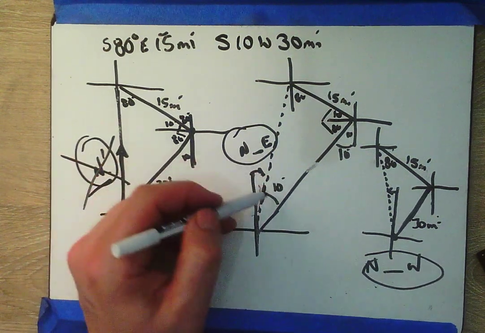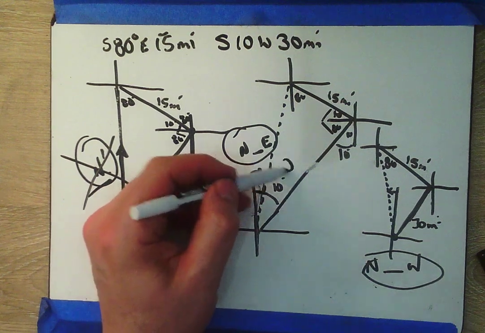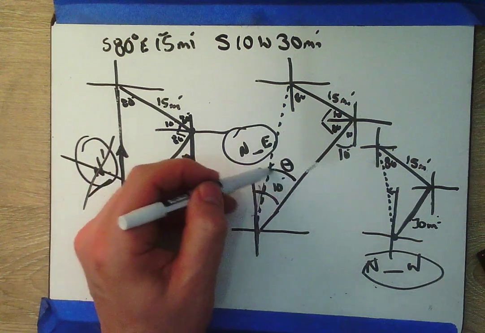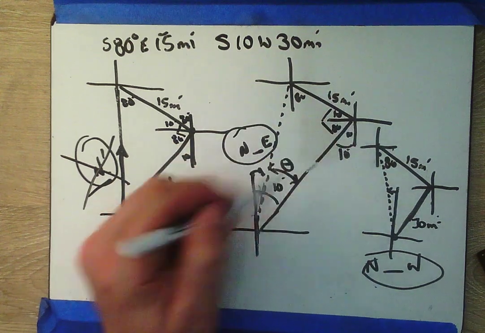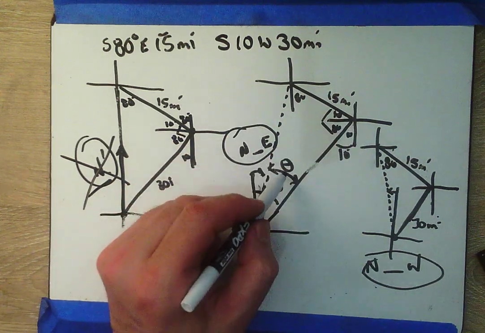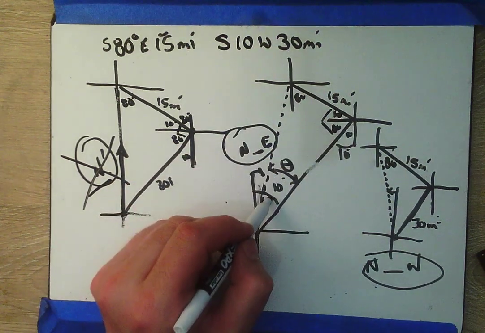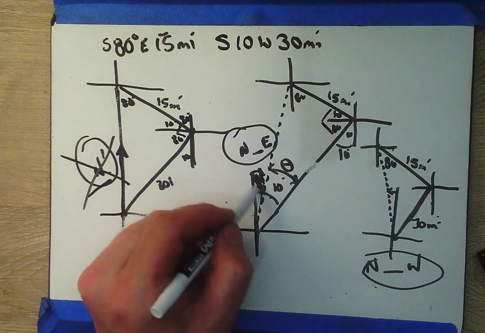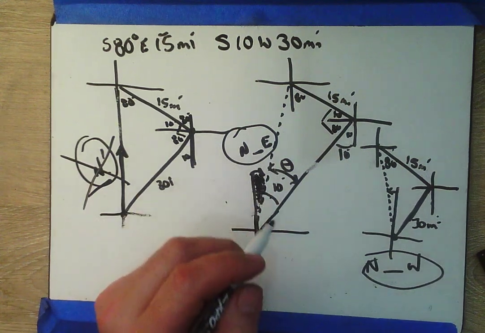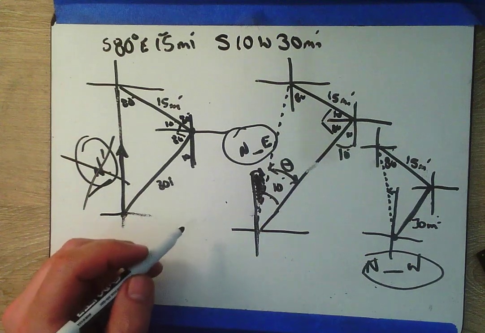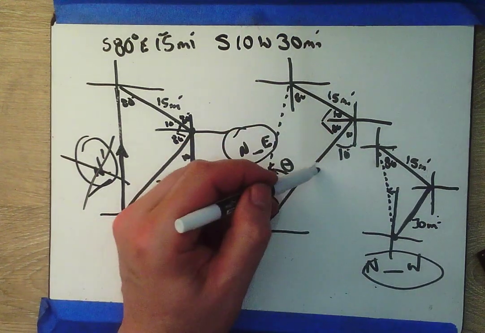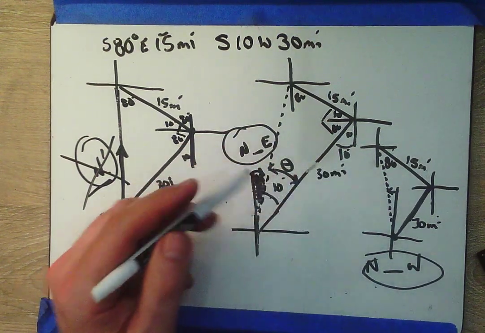Well, how can we figure this out? Well, I need to find theta. Theta is this angle inside the triangle. If I subtract theta from 10, I'll get my little bearing angle. Well, let's find theta by doing inverse tangent. We know that this is 15 miles. We know that this is 30 miles.